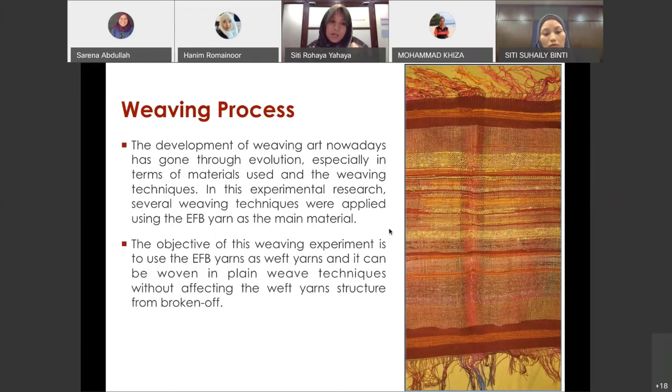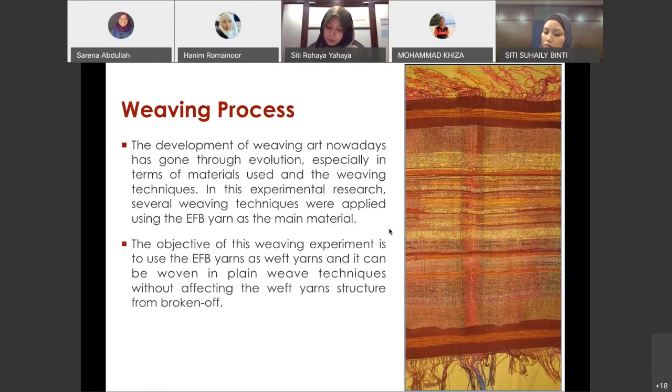The objective of this weaving experiment is to use the EFB yarn as a weft yarn, to see whether it can be woven in plain weave without the weft yarn structure breaking off.